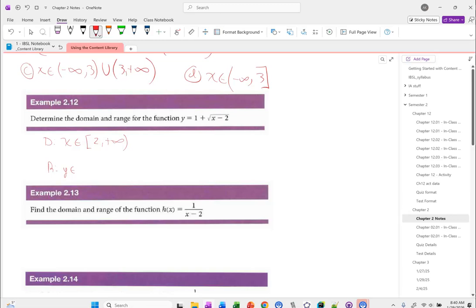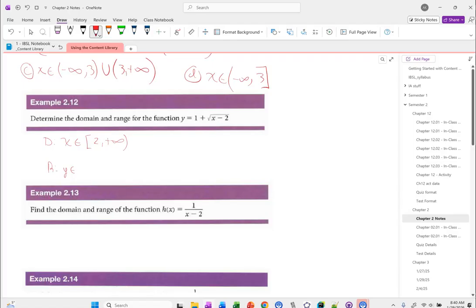So now let's think about the y's. So the smallest x I can plug in is 2, right? When I plug 2 in for x, what y comes out? Look at the whole function though. Oh, 1.